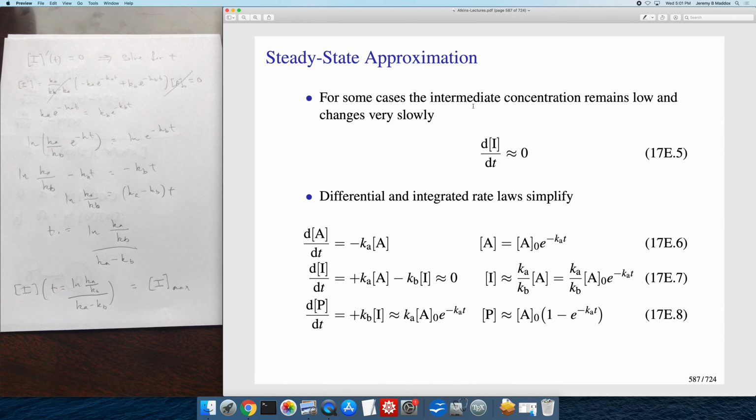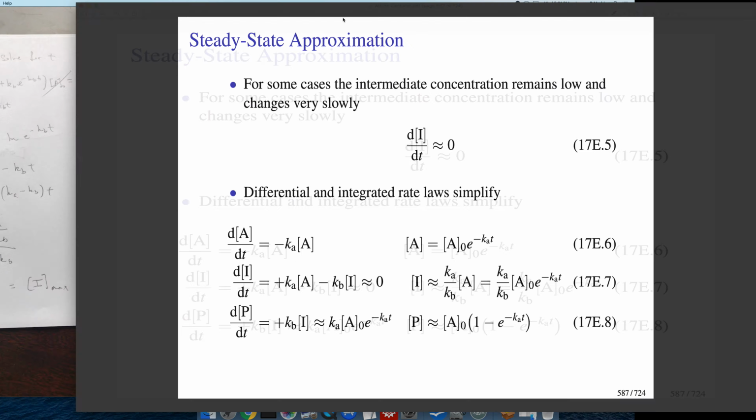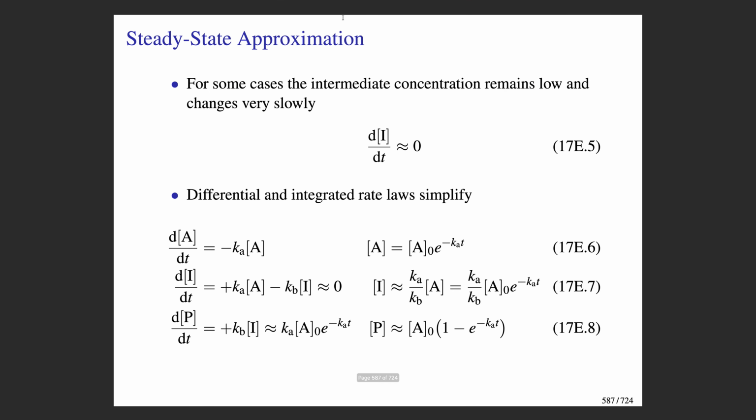Moving on to the next portion of this topic. The steady state approximation is a useful way of thinking about intermediates under certain conditions. It is an approximation strategy, and like all good approximations, it allows you to simplify the equations you're dealing with.